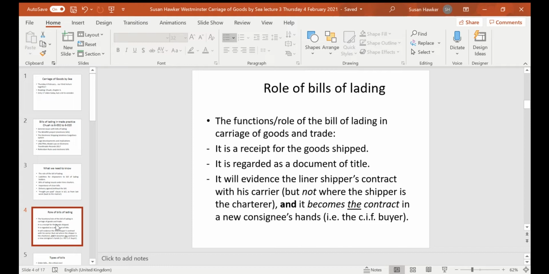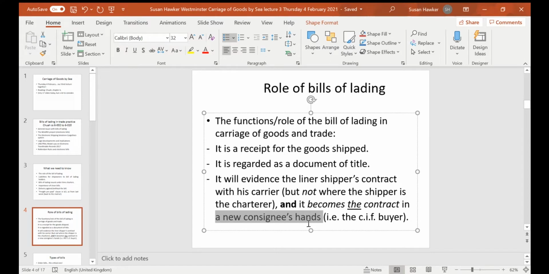He can onsell it with the CIF sale documents. He can onsell it to his CIF buyer. He can transfer that bill of lading as a brand new contract, or the contract, in the new consignee's hands down here. And so the new consignee has a bill of lading contract, but our chartering shipper does not have a bill of lading contract.